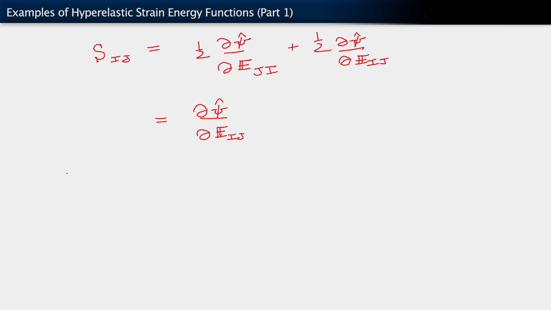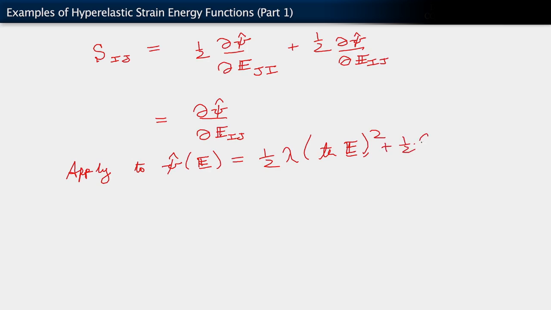Now, if you apply this result to the form that we have for our strain energy function, 1/2 lambda, what is it, trace of E squared plus 1/2 times 2 mu times E contracted with E, right? You apply this general result for S to this particular strain energy function.